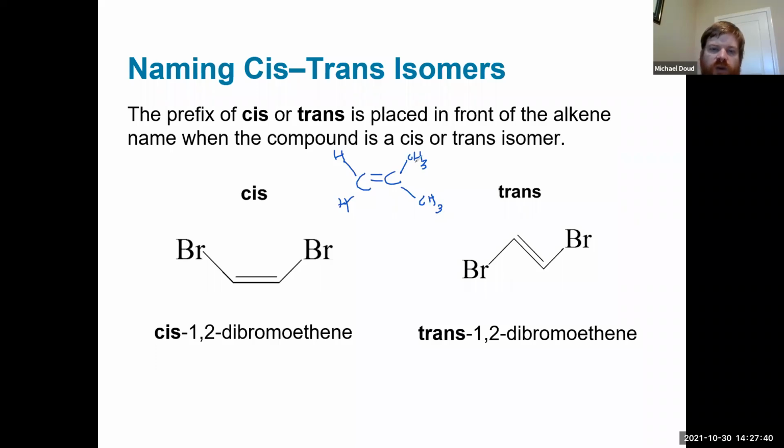Likewise, this carbon over here is symmetrical. It's just got 2 methyl groups. If you flipped it, nothing would change, right? It'd be the exact same molecule. So that is not cis or trans. Only in this case where we have asymmetric groups on both sides. So carbon 1 has a bromine and a hydrogen. Carbon 2 has a bromine and a hydrogen. Only in this case can we have cis or trans isomers.